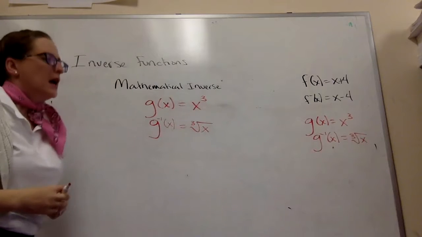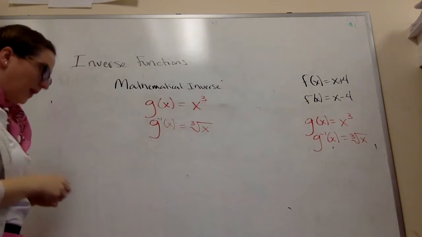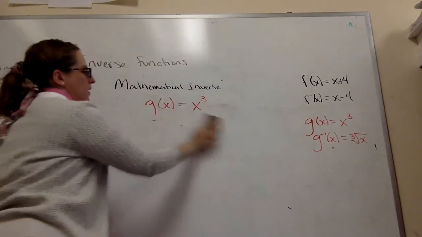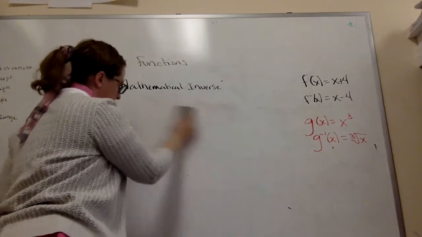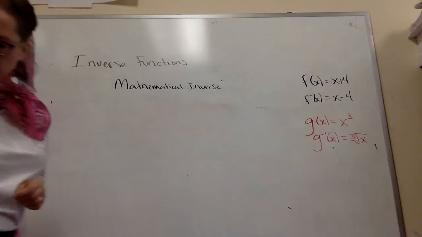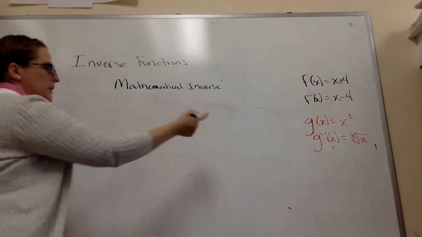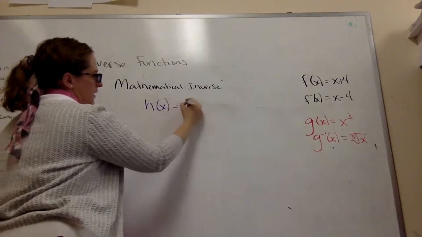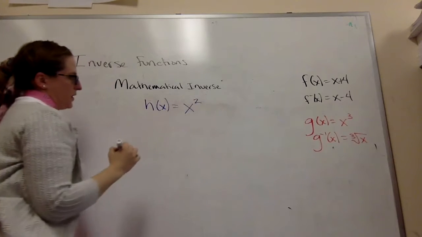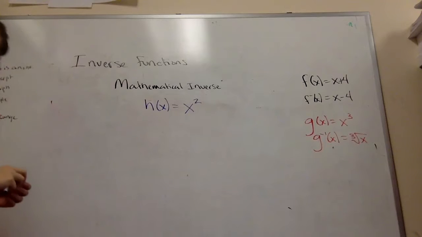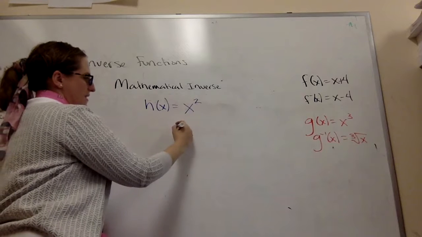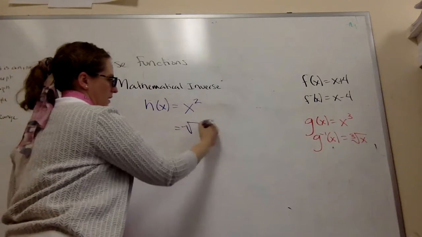Now I want to talk about a third one, and this one gets a little bit weird. We did the x cubed function. Let's look at the x squared function. If we're thinking about inverses as undoing processes, the squared function is undone by the square root.